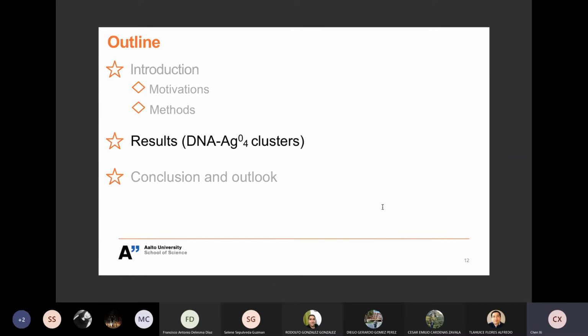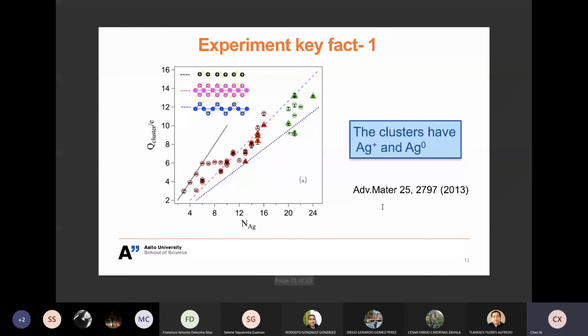After this study, we began to know more about the interactions between silver and DNA. So we want to discover what kind of cluster silver will form with DNA. There is not much direct information from experiment, but from experiment we know some key facts.